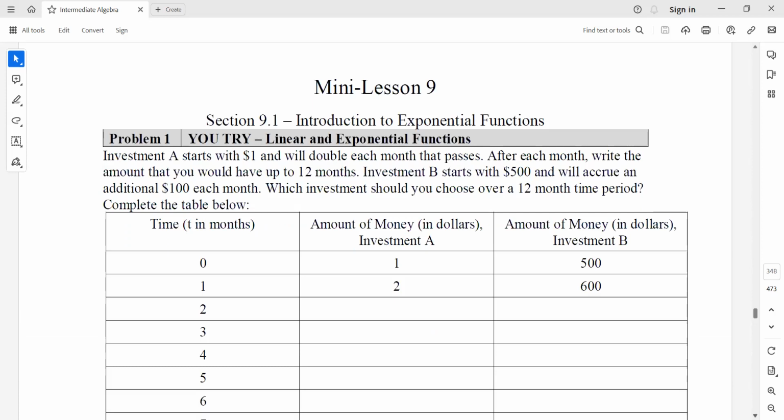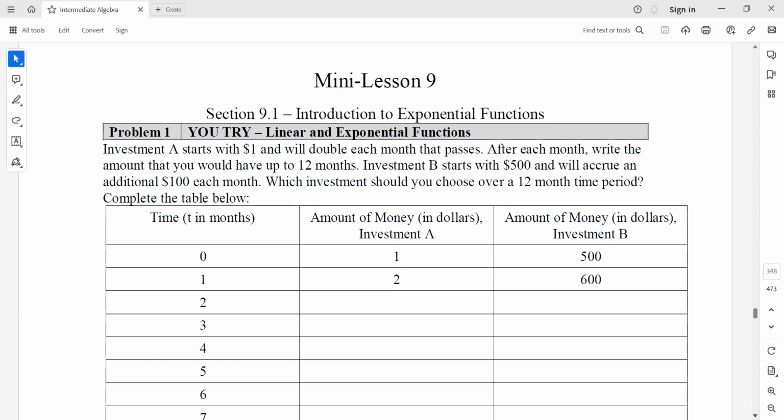Now, in problem 1 in your workbook, we have this problem. Two investments, investment A and investment B. Investment A says that you start with $1 and then it's going to double each month.